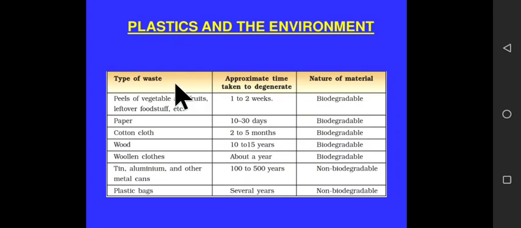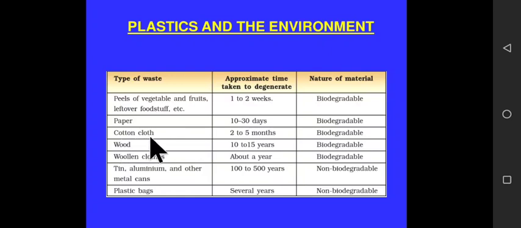So here is a chart in which you can see different types of waste, the approximate time taken to degenerate, and the nature of the material. Let's take the example of paper. Paper takes approximately 10 to 30 days to degenerate and it is biodegradable.